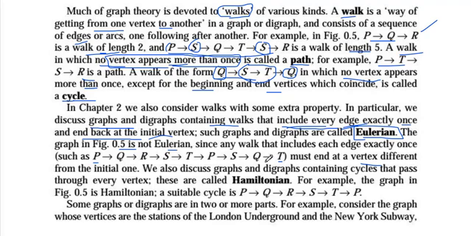Okay, and the next definition is a graph or diagram containing a cycle that passes through every vertex. These are called Hamiltonian.